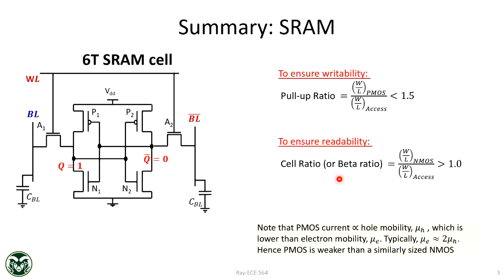Ideally, we want read to be non-destructive. You can read any number of times without changing the content. So if you don't follow some of those ratios, these numbers are ballpark numbers. These are not the exact limit. These are not theoretical numbers. We'll derive some of those numbers today, but this is just to give you an idea.